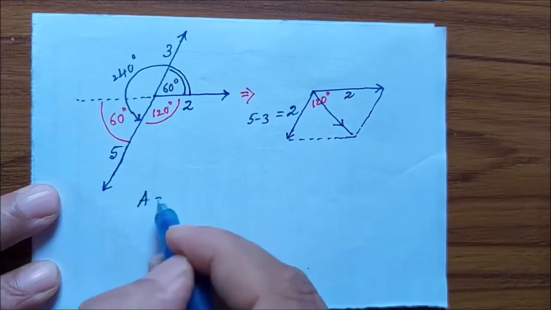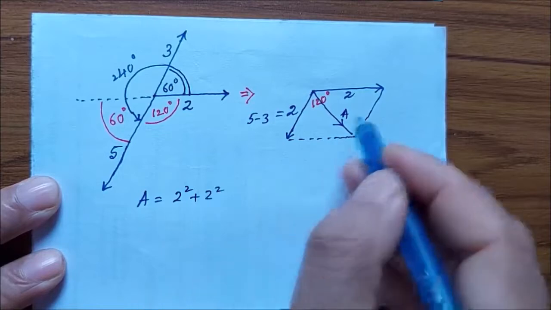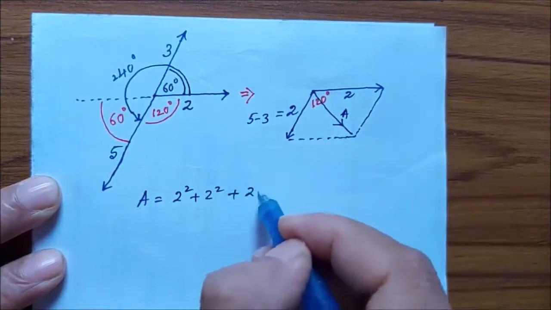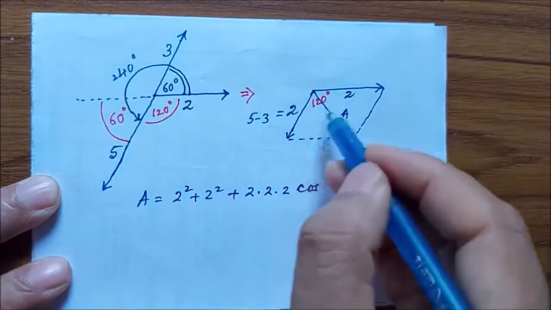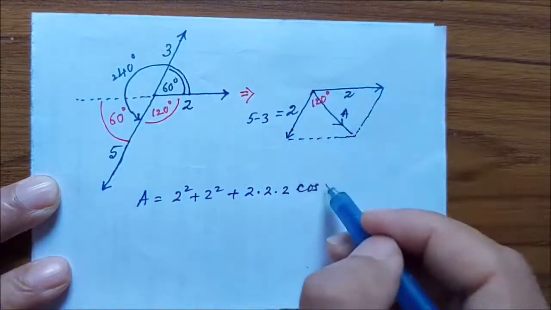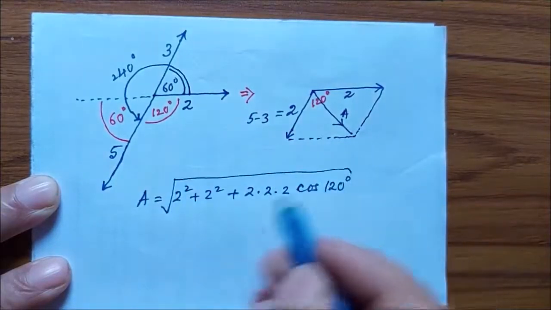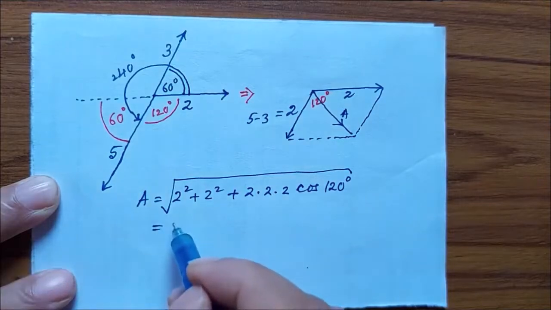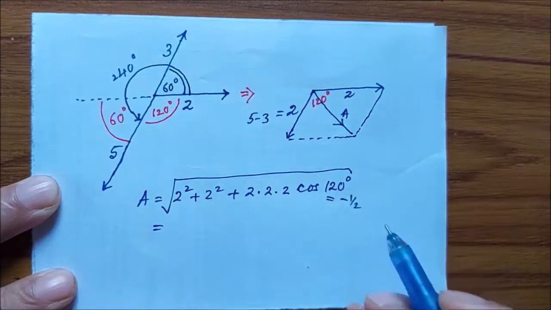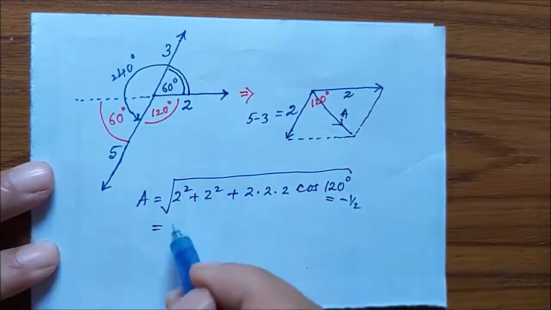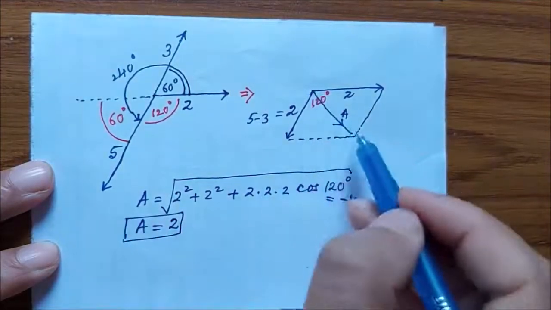So A, the resultant, will be 2 square plus 2 square plus 2 into 2 cosine of the angle between these two SHMs, which is 120 degrees. This is parallelogram law, and the answer turns out to be, this is minus half. So these two factors will cancel out and we have 2. So A is 2. So this length is 2.